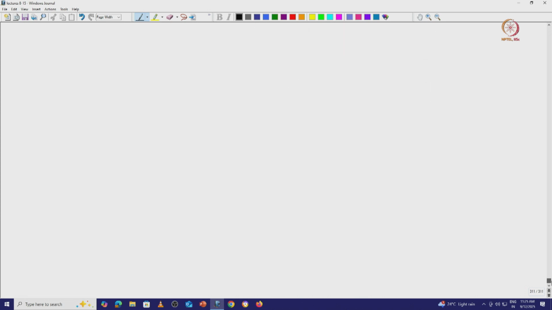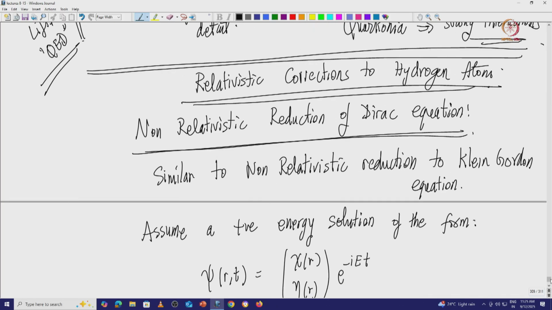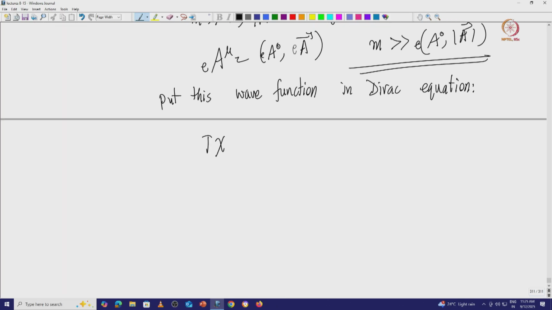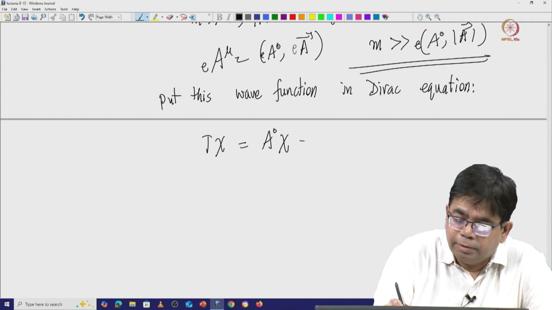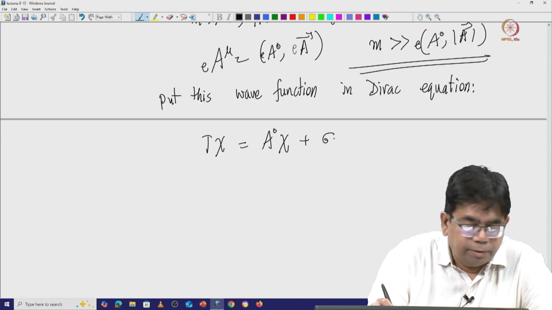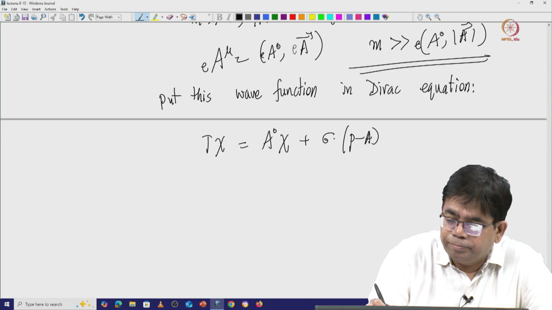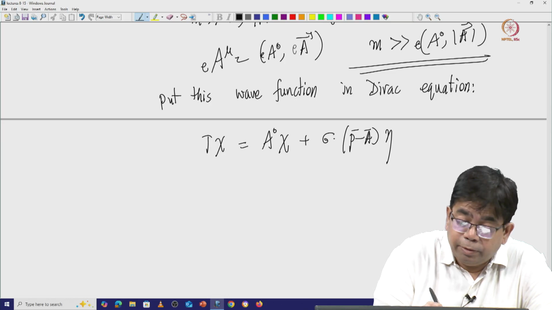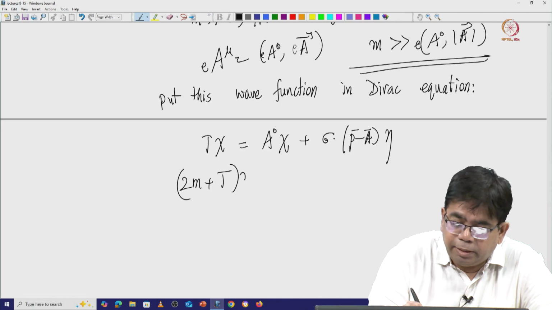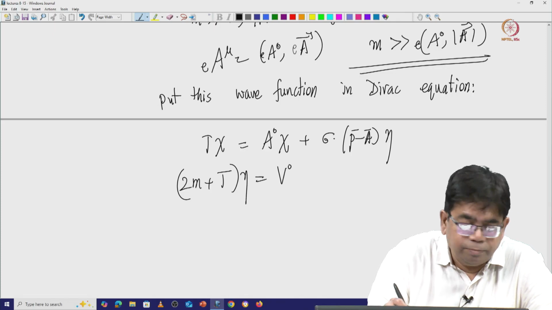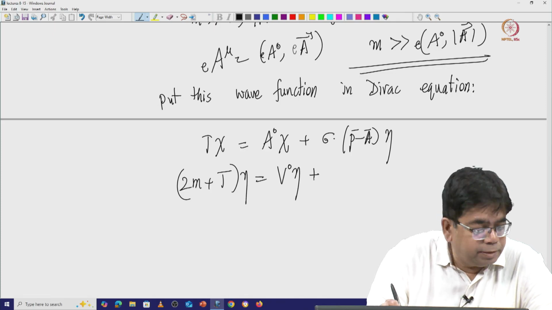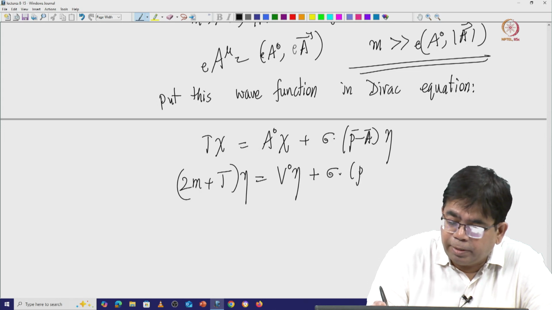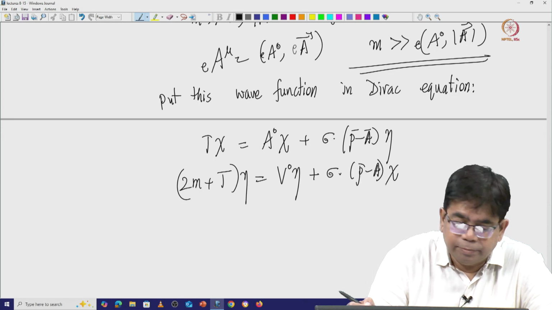Putting this wave function in the Dirac equation gives me two equations: T chi is equal to A0 chi plus sigma dot P minus A eta, and the other one, 2m plus T, eta is equal to V0 eta plus sigma bar dot P bar minus A chi.